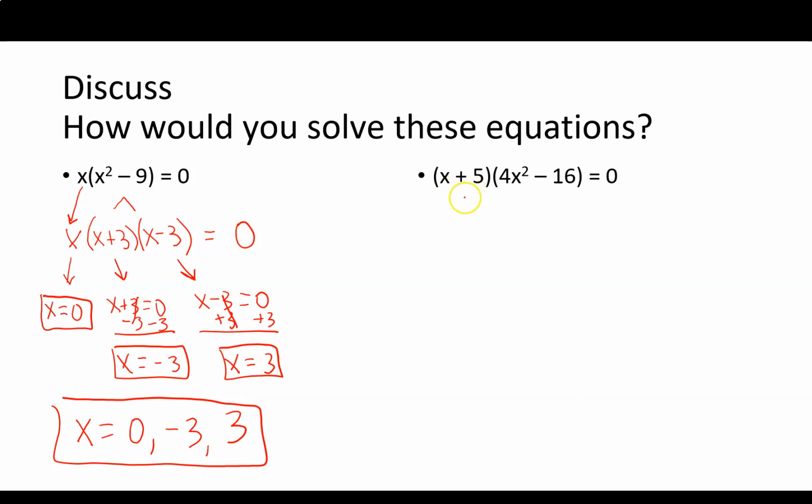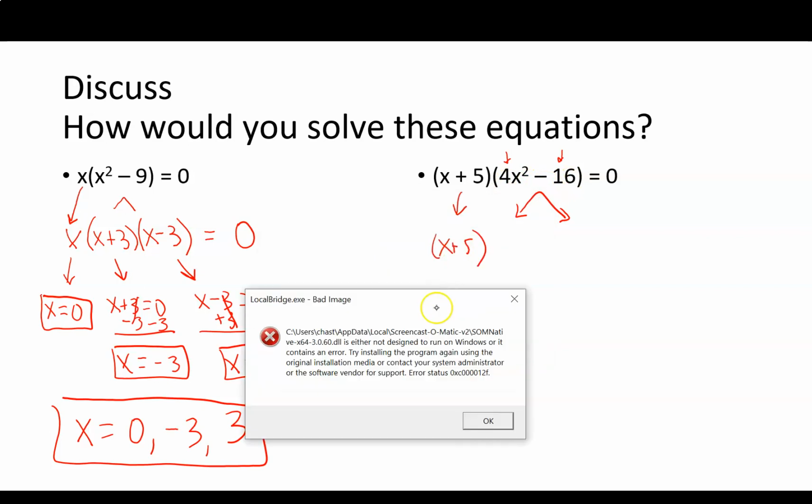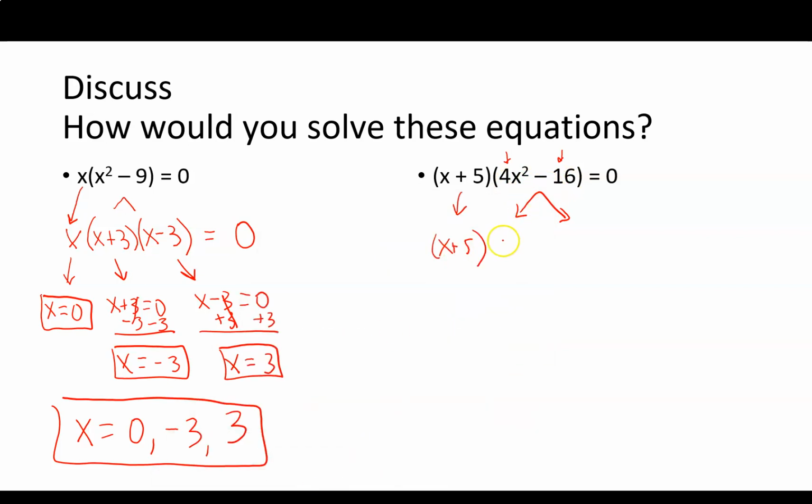If I look at this next one, I see x plus 5 is already a factor, but 4x squared minus 16. Well, 4 is a perfect square, 16 is a perfect square. Both of those also have a GCF of 4. So I'm going to do an intermediate step here.